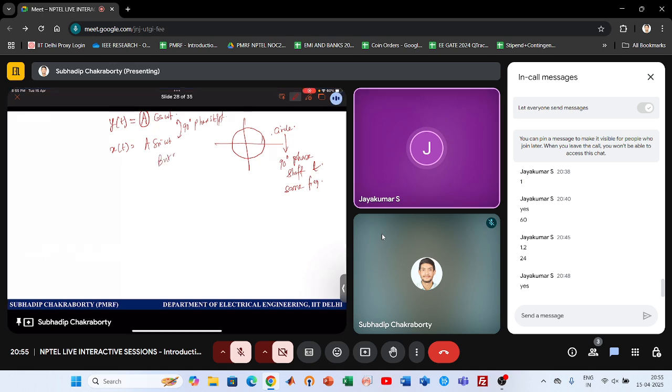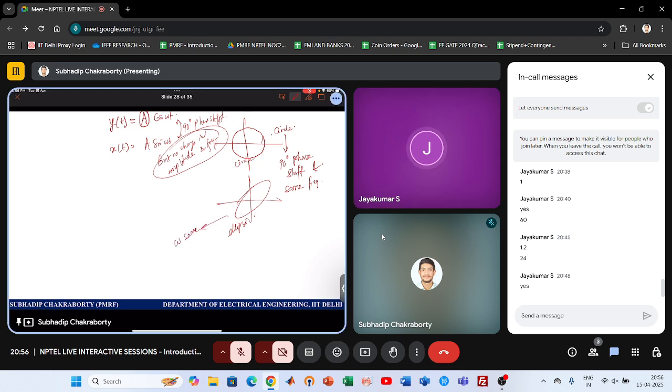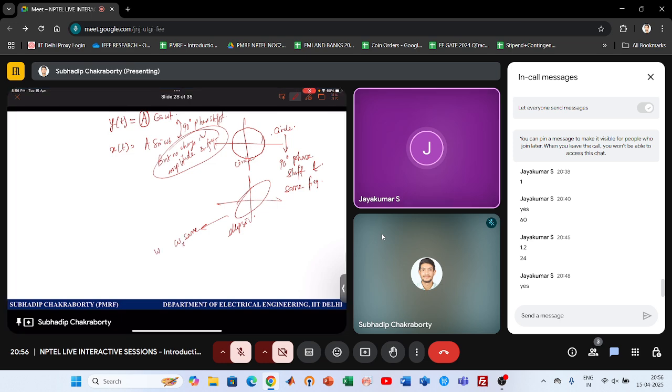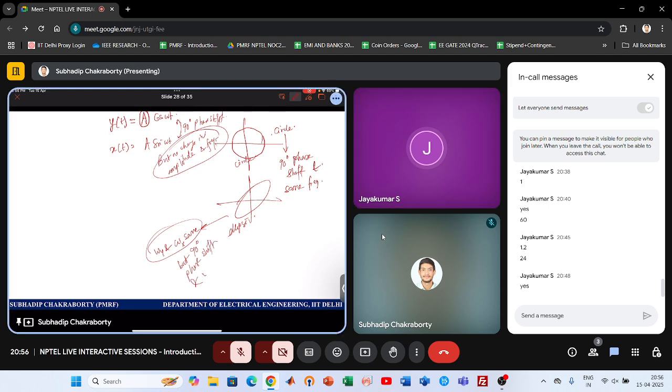But no change in amplitude and frequency. But for an ellipse, omega is the same, that is, we can tell omega x and omega y are the same. But 90-degree phase shift and unequal amplitude.